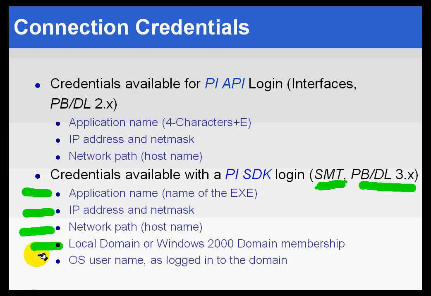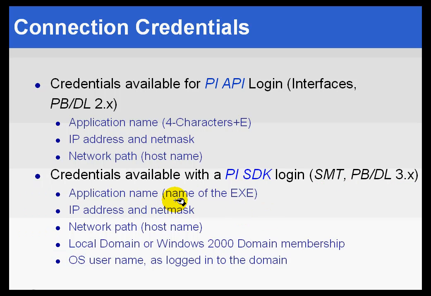That would be basically the Windows domain. And we can also get the operating system username, so that would be the Windows username. This is, by the way, how we can make use of the single sign-on capability. If we can get the Windows name, we can pass that through and let you connect as a user who has that same name.